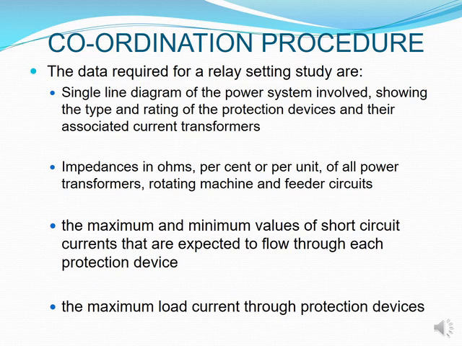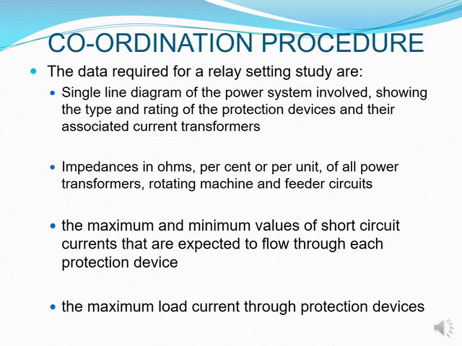Then we come now to the principle of the system, where we are saying we are coordinating. And what is this coordinating really going to involve? So in this, we say we need certain data that we require for our relay study to be done.